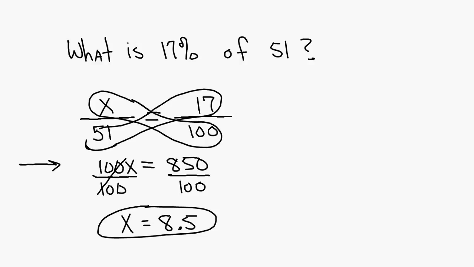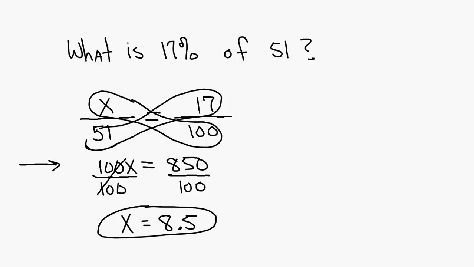Yes, sir. Different answer. You got 850 divided by 100. No, when I put 51 times 17, it gave me 867. Anybody else get that? 51 times 17 equals 867. Come on, man. Type it again. 51 times 17. 867.